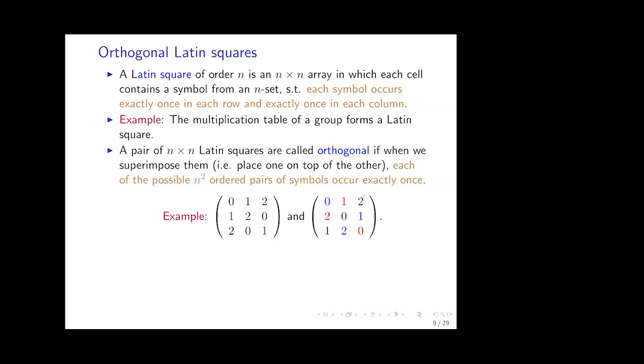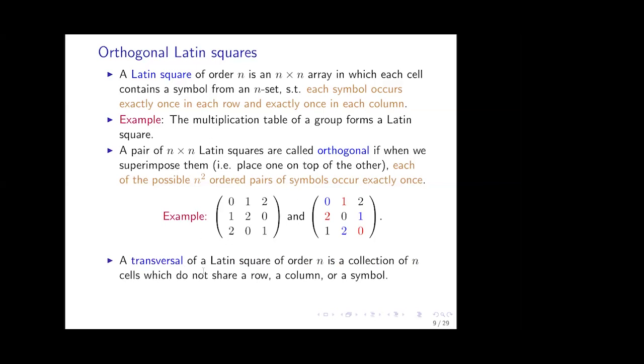And here is an example of a pair of Latin squares of order 3. One can check that all the pairs 00, 01, 02, 10, 11, 12, 20, 21, 22, all of the 9 possible pairs occur exactly once.